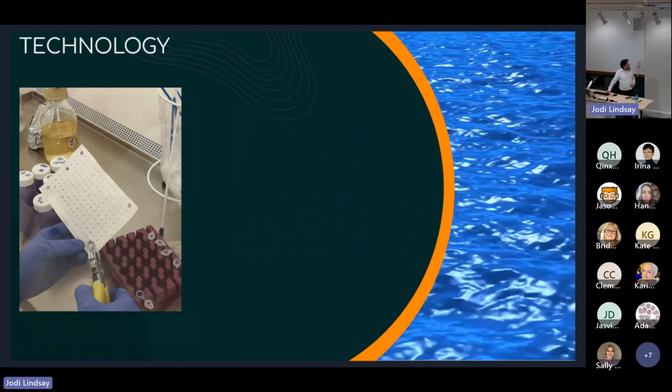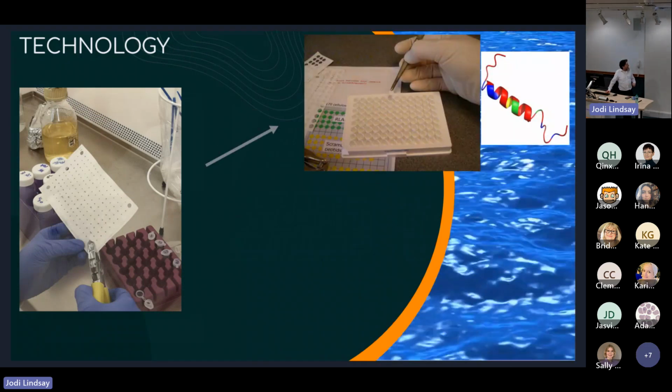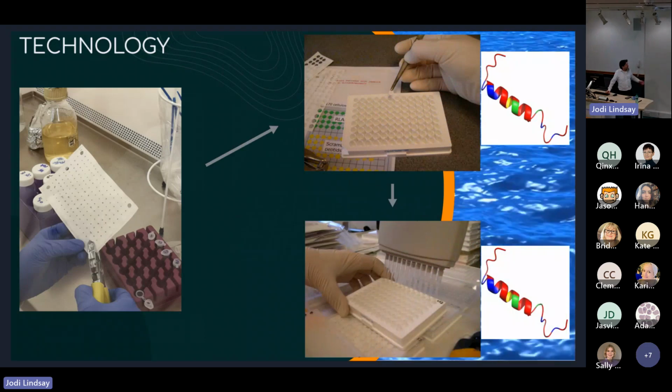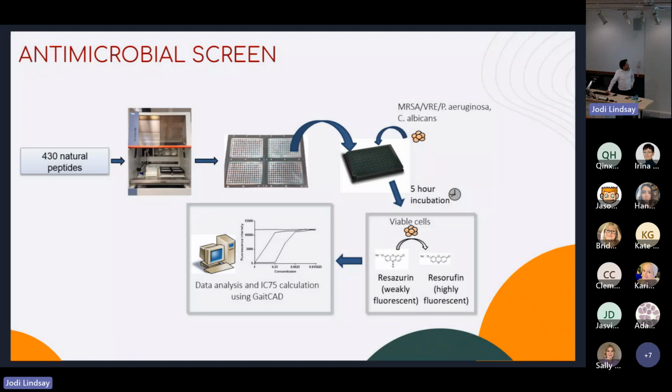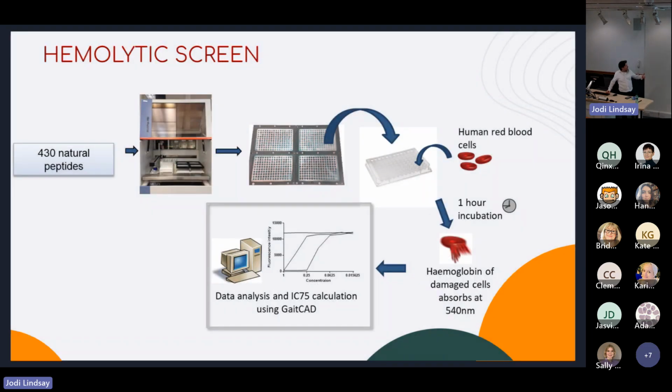Once the synthesis is done, you need to punch them out, put them into micrometer plates, and then dissolve them, and off you go. You can then incubate them with your target strains that you are interested in, do a live dead stain, and then analyze the data. Because you have enough material, you can also do a simple lysis assay, which gives you at least a hint of toxicity, and you throw everything out that kills basically everything.